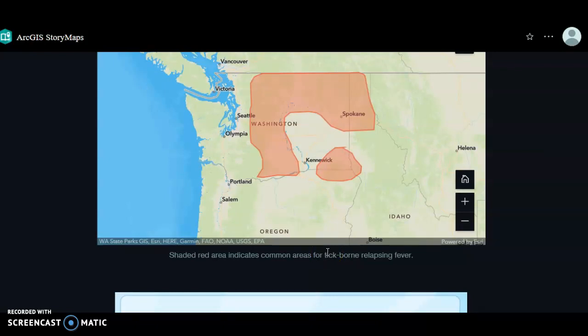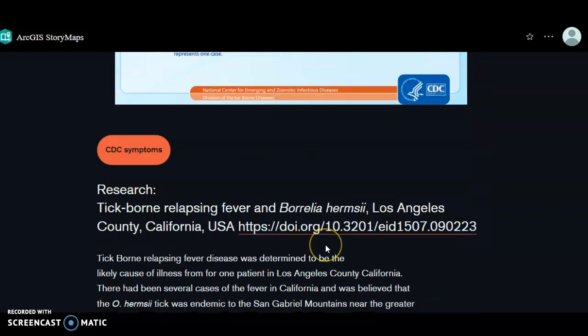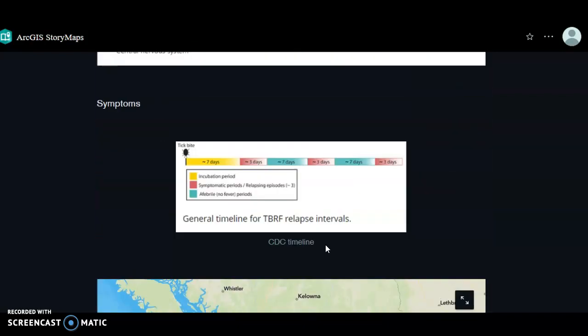There's a couple symptoms with the tick-borne relapsing fever. Primarily high fever, 103 degrees Fahrenheit temperature, headache, muscle and joint ache symptoms.